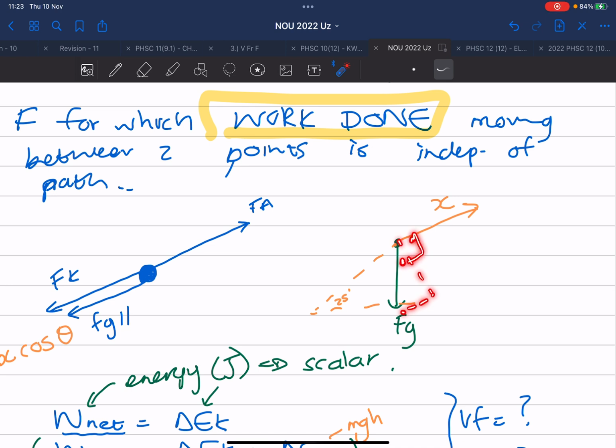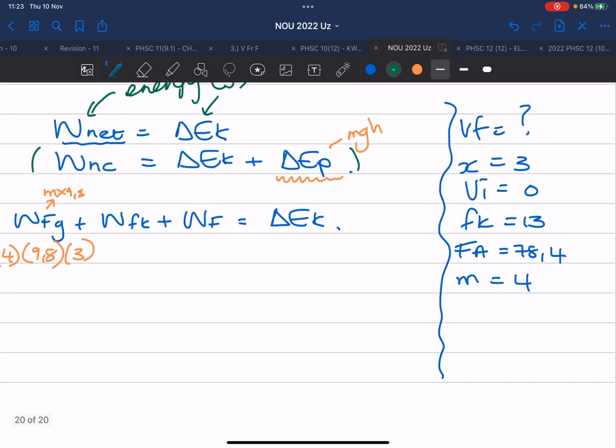Okay, so the angle between them, die hoek tussen hulle twee daar, gaan wees 25 grade plus 90 grade. So dit gaan wees cos, wat is 25 plus 90? 150 grade.